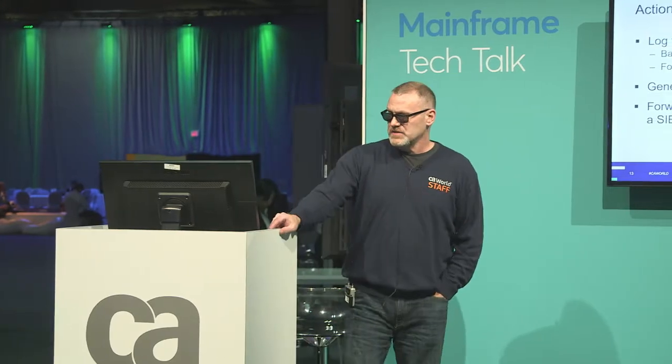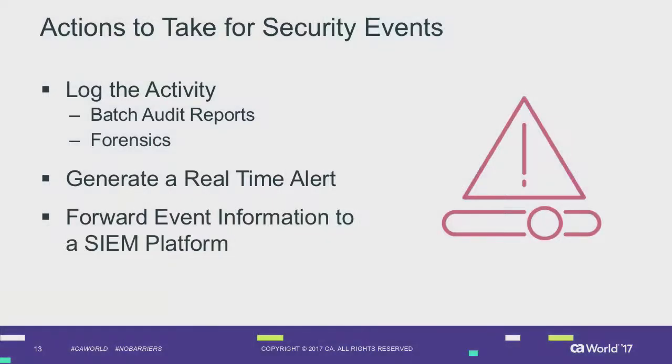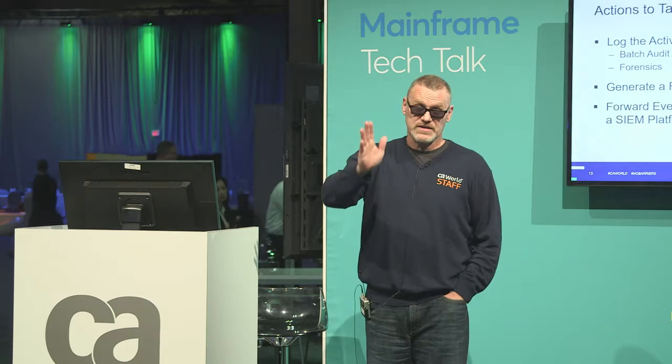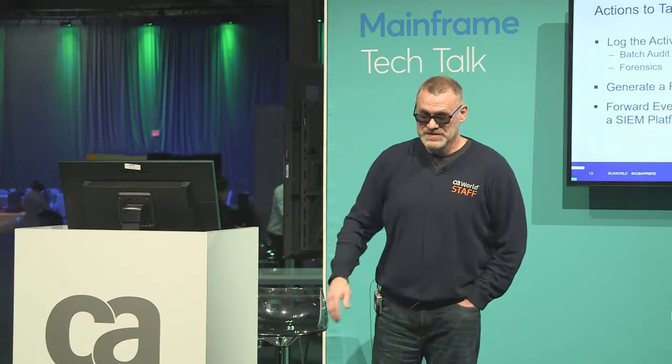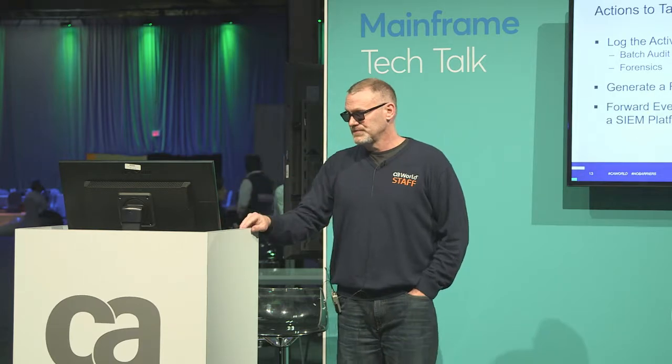So what are the actions to take for security events? You may want to log all of the activity. You may need to for compliance purposes, so that you have forensics and can go back. If something suspicious did happen, you want to be able to have that trail of everything that happened. And you want to make sure that that trail includes events that weren't normally audited or written to SMF.